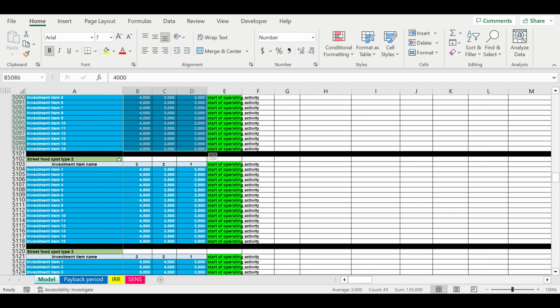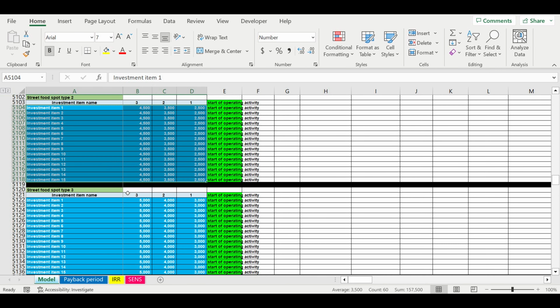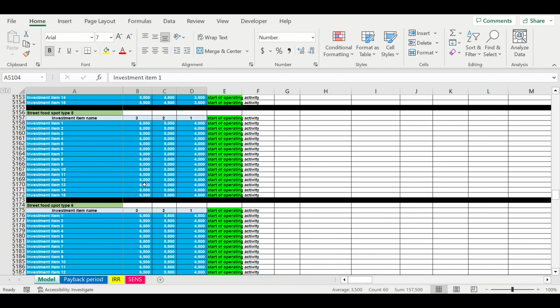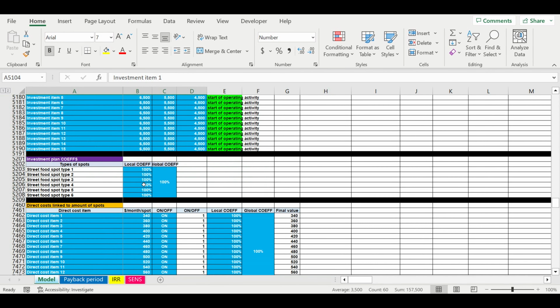And here it is done for each type of street food spot. We also have coefficients, local and global as well, so we could easily play with the investment needed for the business.